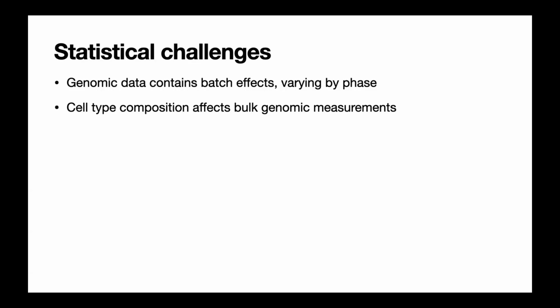We often make bulk genomic measurements, which means take a tumor and measure the RNA in the whole tumor. We're moving now towards single cell and spatial measurements of tumors, but a key consideration whenever you have this kind of bulk data is that you're both seeing changes in expression in different types of cells, and that's confounded with different proportions of different types of cells.